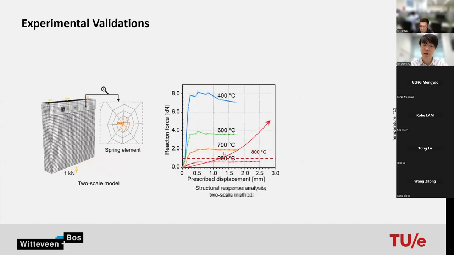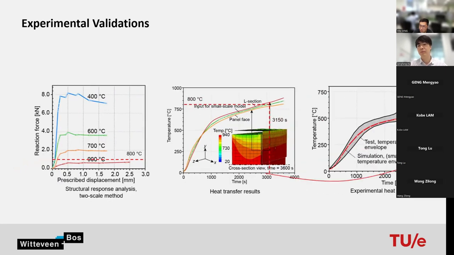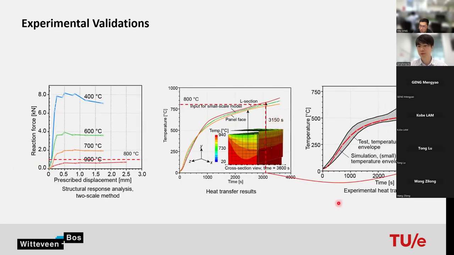For the 800 degrees Celsius prediction, I checked the heat transfer analysis in my model. It tells me that the spring element here will reach 800 degrees Celsius at around 3,150 seconds. Then I compared this failure time prediction with the test. The error was only 2 minutes, which means I successfully verified my two-scale method with the experiment.